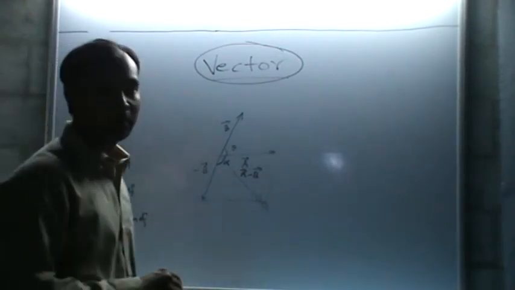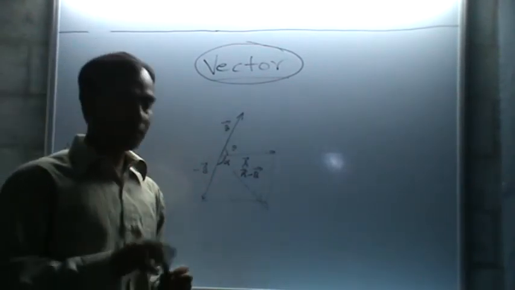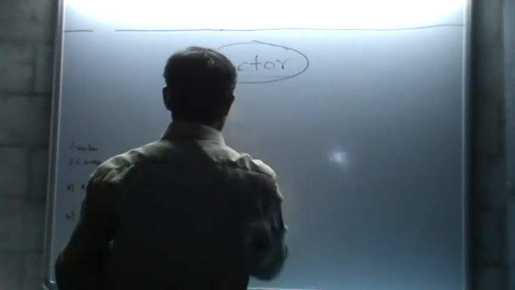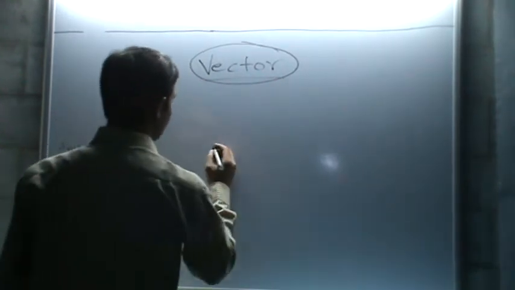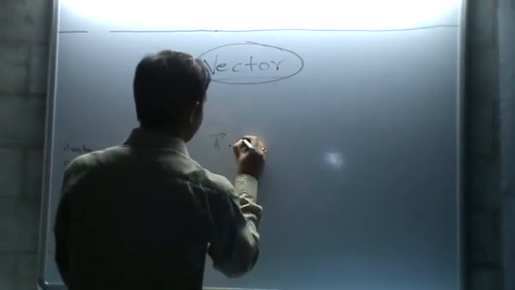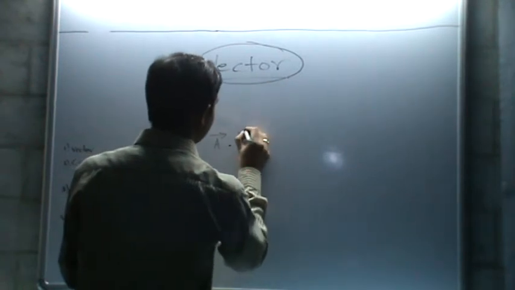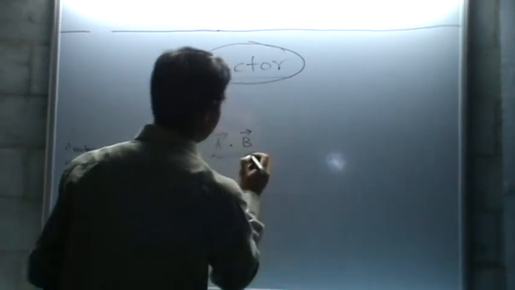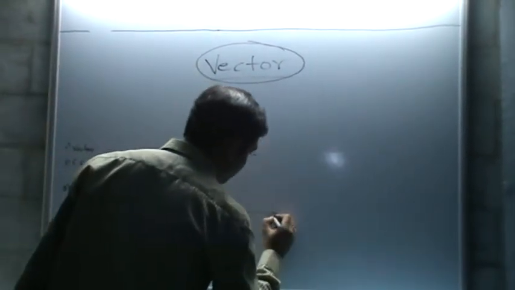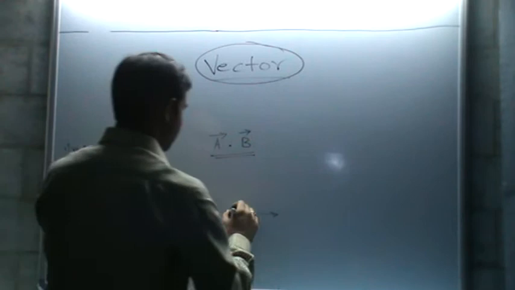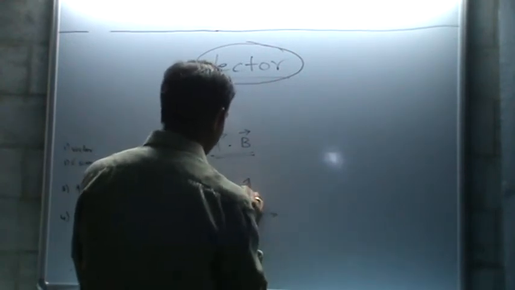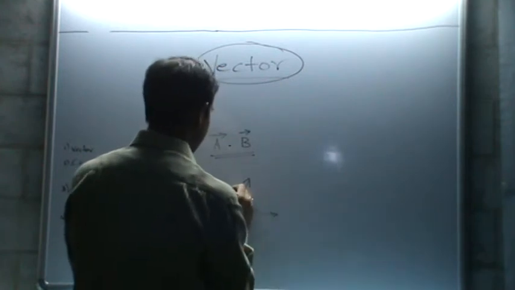Now we will go for the multiplication of two vectors. We write vector A multiplied by vector B. This is your vector A. This is your vector B. This I will change for sake of clarity.